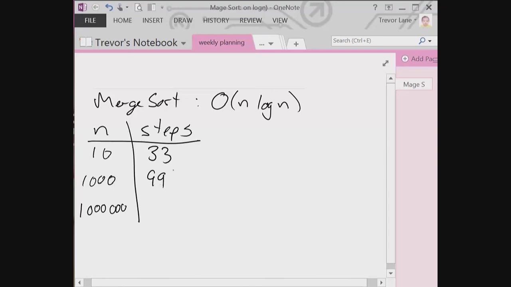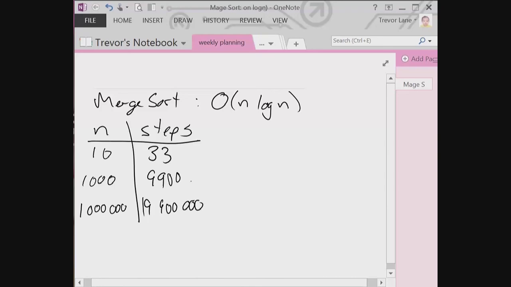It would actually be quite a few more. It would be multiplying it by 1,000, so we end up with 9,900. Now let's look at a million. A million, much bigger number. What we end up with for the log is about 19.9. We have to multiply that by a million, and what we end up with is 19.9 million, which makes sense. So we have 19,900,000.